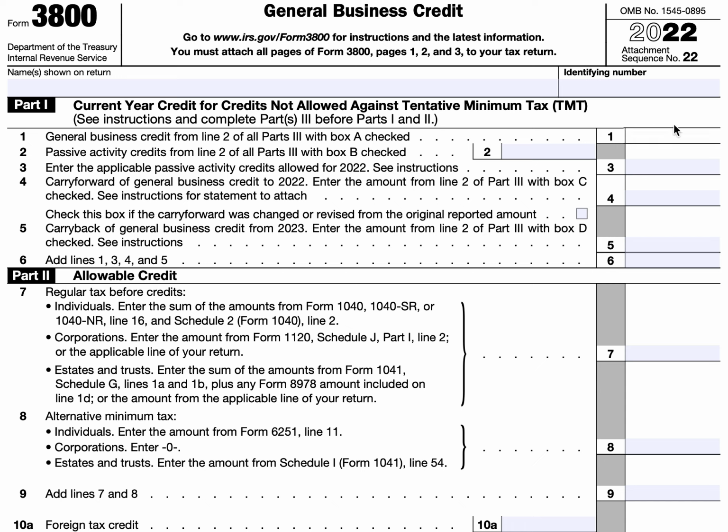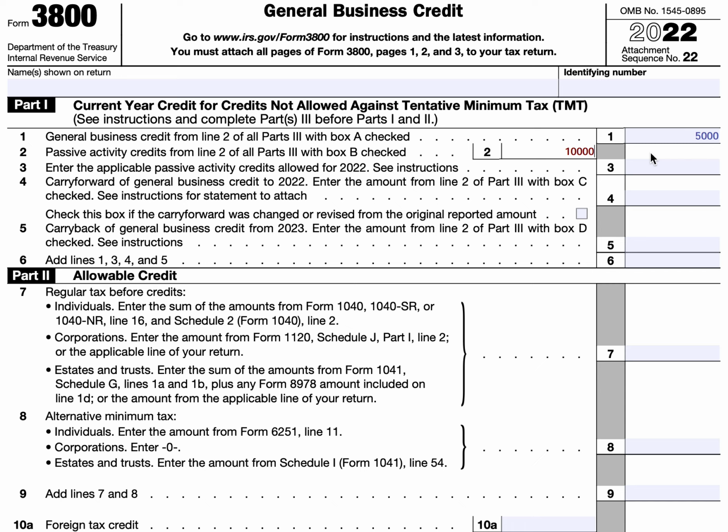So we'll just say that our summary of this tax form, we had $5,000 of credits from all the parts 3 with box 2A checked. And then we had $10,000 of passive activity credits. Now, in part 1, line 3, you'll enter the applicable passive activity credits allowed for the current tax year.